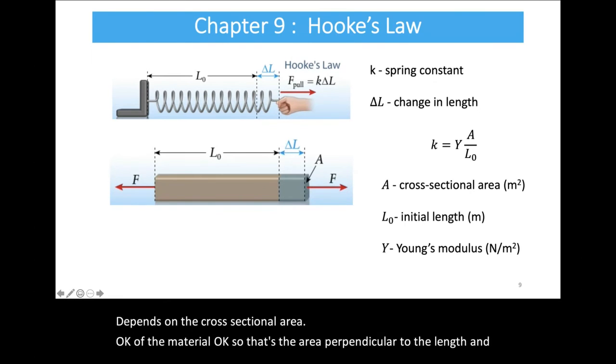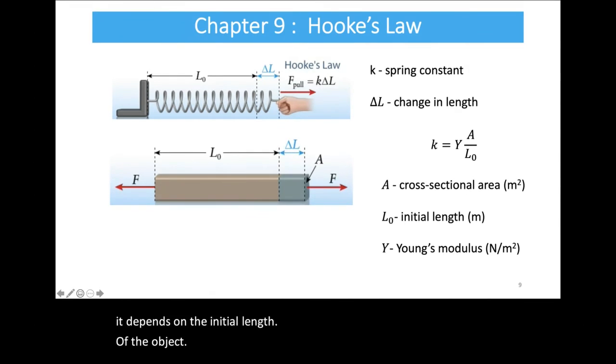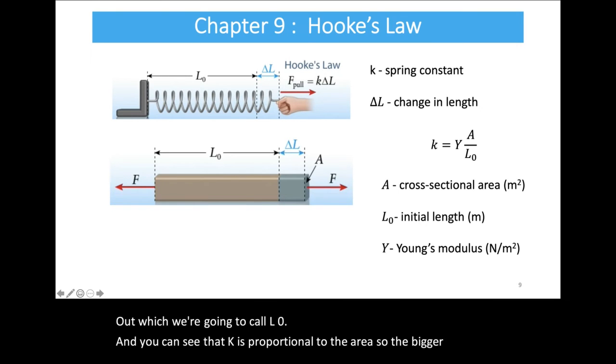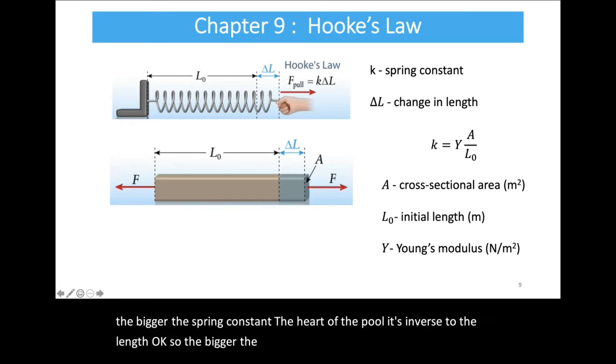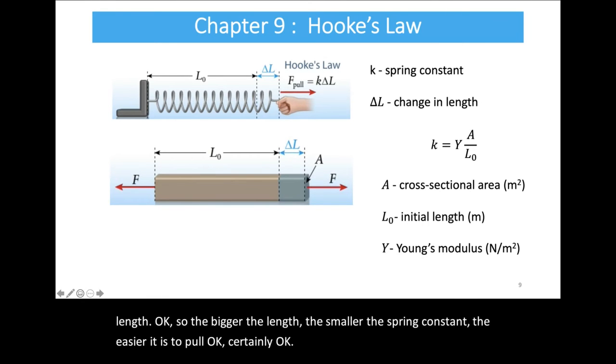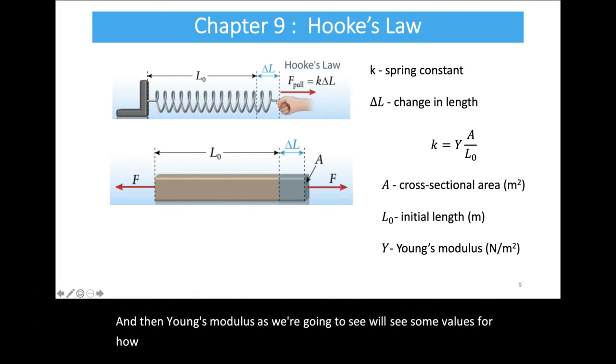And it depends on the initial length of the object, which we're going to call L0. K is proportional to the area, so the bigger the area, the bigger the spring constant, the harder the pull. It's inversely proportional to the length, so the bigger the length, the smaller the spring constant, the easier it is to pull. We'll see some values for how big Young's modulus is.